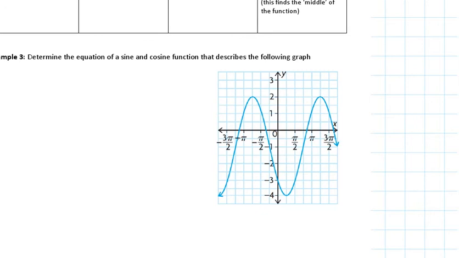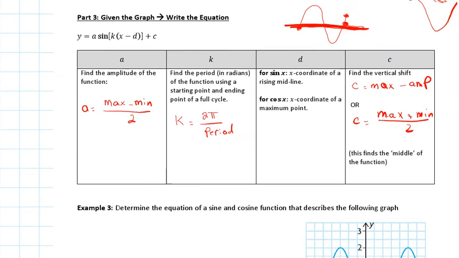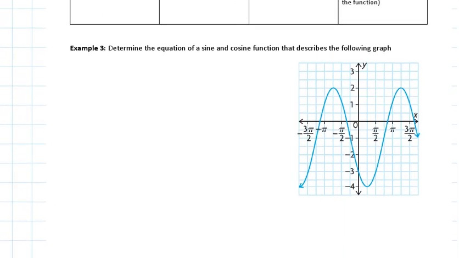Okay, now let's look at this graph here, and let's determine the equation of the sine or cosine function that describes the following graph. So they want the sine and the cosine. The first thing I need to find is the max, and then the amplitude. To find the amplitude, what I need to locate is the max and the min.